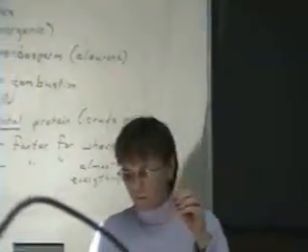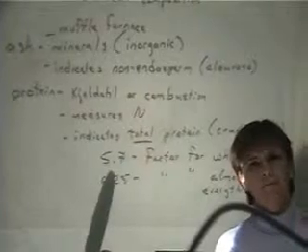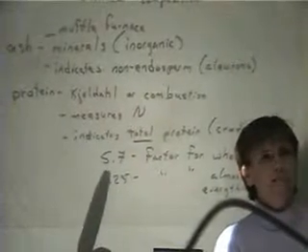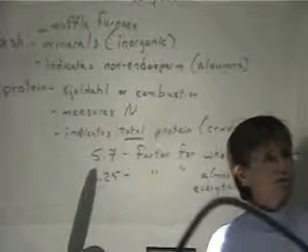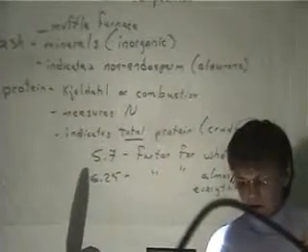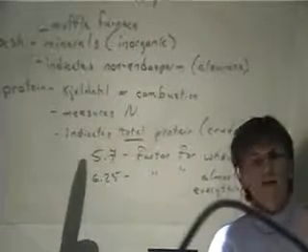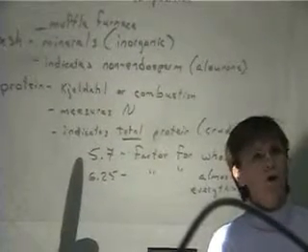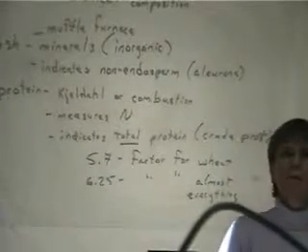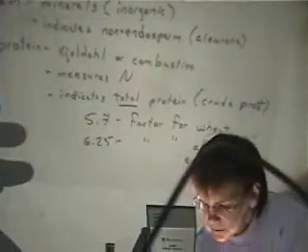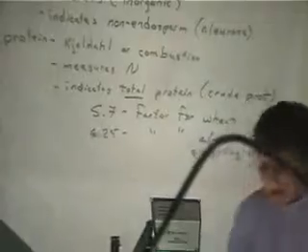The reason that wheat has a smaller factor is that all proteins have different amino acids making them up. It's kind of like carbohydrates having different sugars making them up. The amino acids that make up wheat proteins have more nitrogen per unit than the others, so we multiply by a smaller number to get the protein that's there. So you take the nitrogen that you've measured, times that factor.